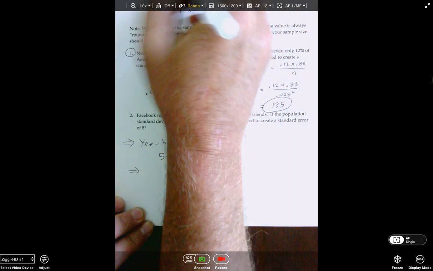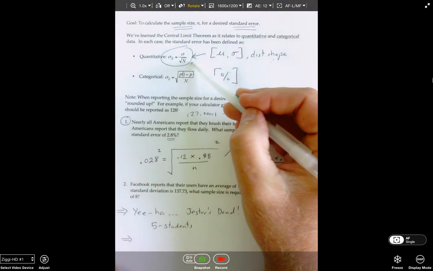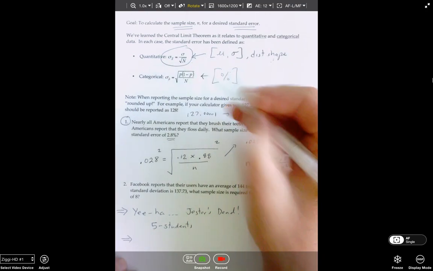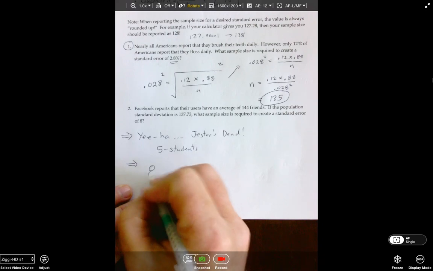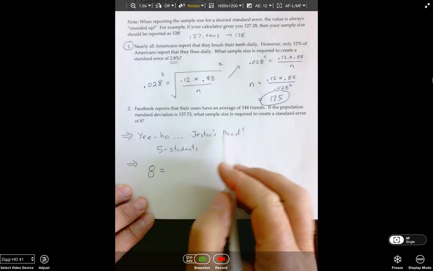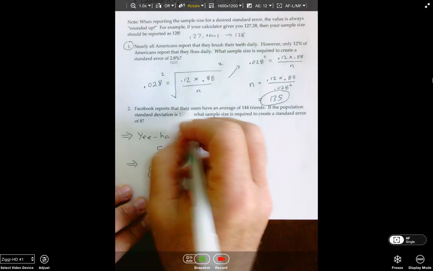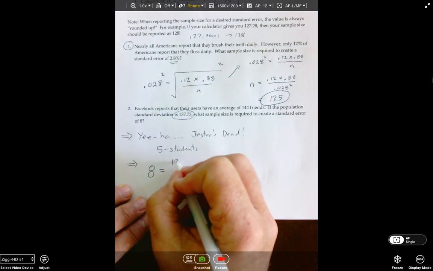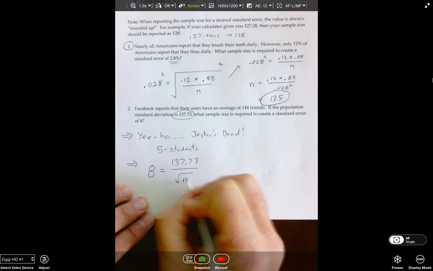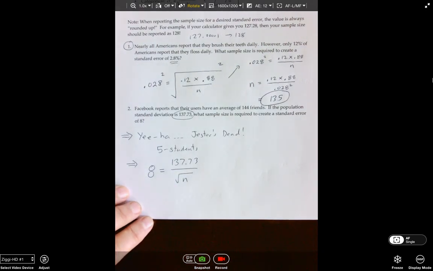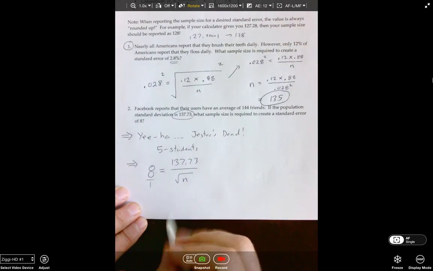And I know that this is the standard error formula that I need to use. So I need the standard error to be 8. The population standard deviation is 137.73. And I need to know n, the sample size, that will create that. Guys, use the trick.